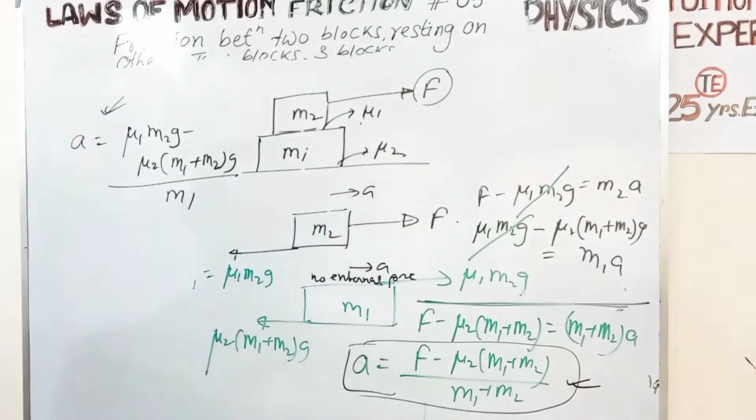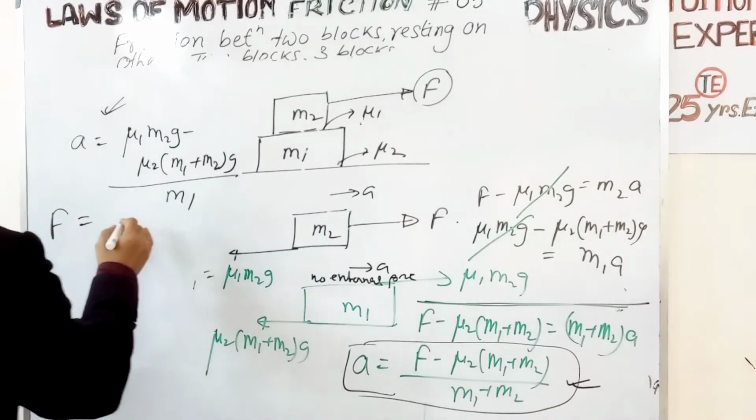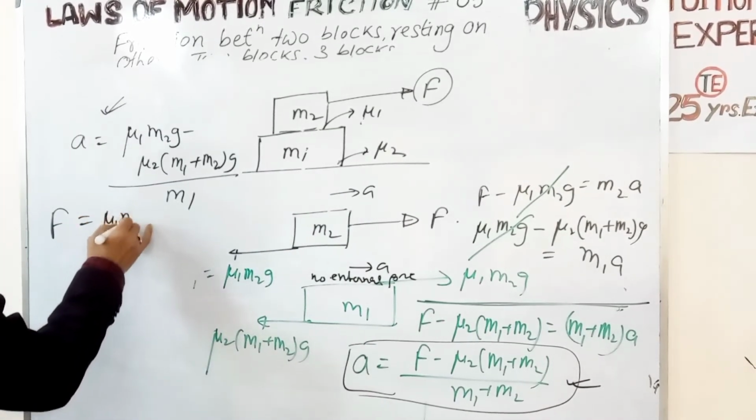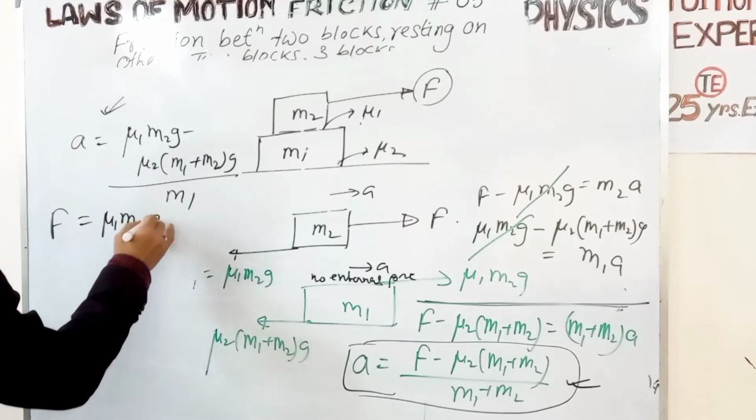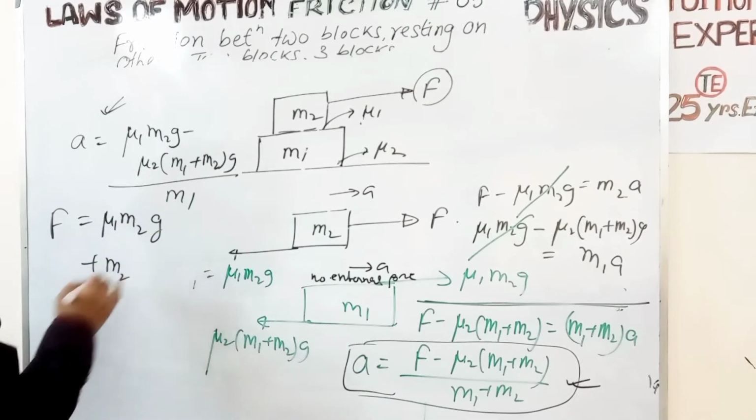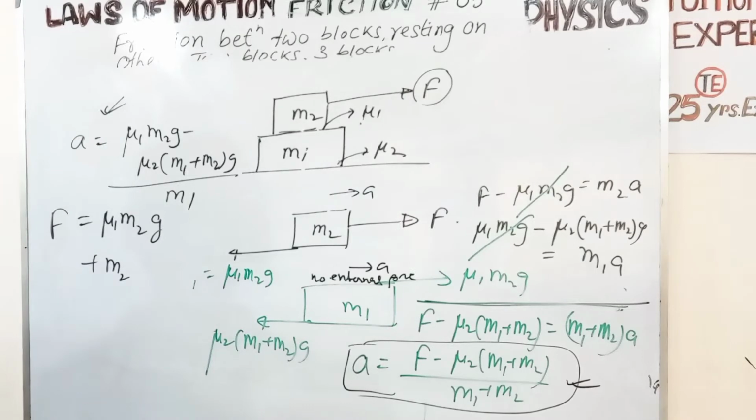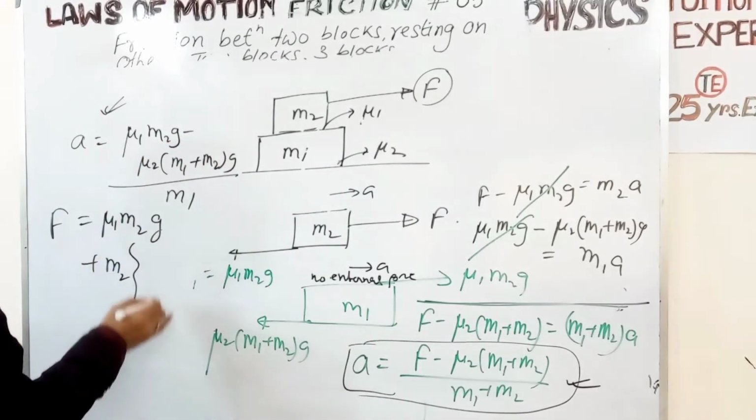Now apply force here. What is the force? Force equals mu1 M2 G plus M2 into A. What is the A? A equals this.